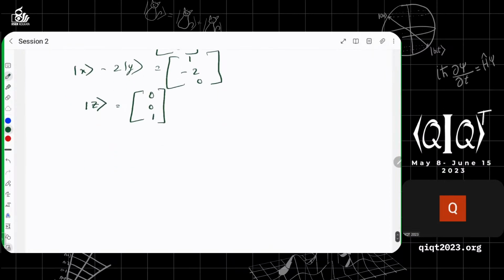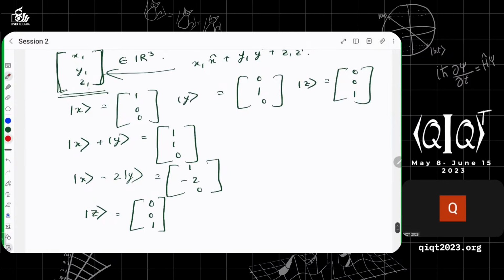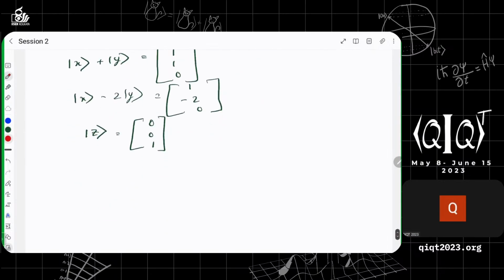Now, I want to take a linear combination of these three to get to our x1, y1, z1, which is a general vector. So if we take x1 to be any real number, y1 to be any real number, z1 to be any real number, x1, y1, z1 is any vector in R3. Okay, now let's say we have to take a linear combination.